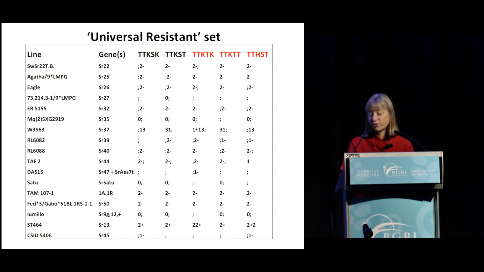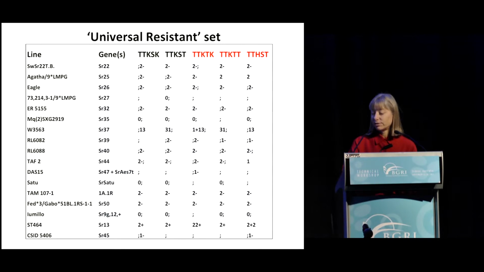This table shows the seedling infection types produced by 5 races on 17 lines. It's a lot of information. I'll summarize it by column. The 17 lines are primarily monogenic for important stem rust resistance genes. They're part of a set that we call the universal resistance set. These genes are resistant and remain effective against the UG99 races.